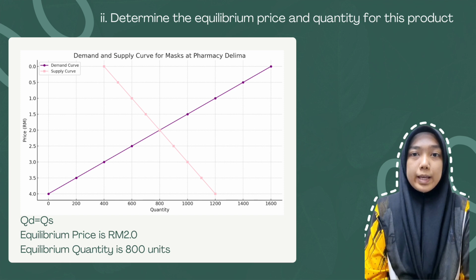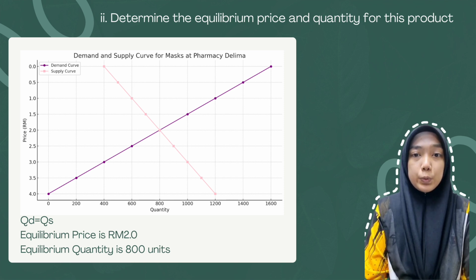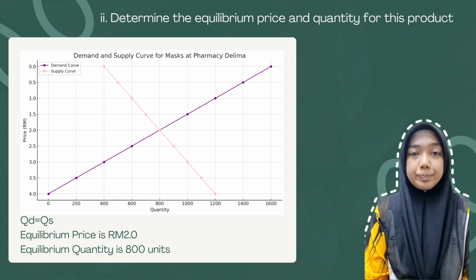The equilibrium price and quantity for this product happen where quantity demanded equals quantity supplied. That means QD equals QS. If we look at the table, at a price of RM2, the quantity demanded and quantity supplied are the same, 800 units.